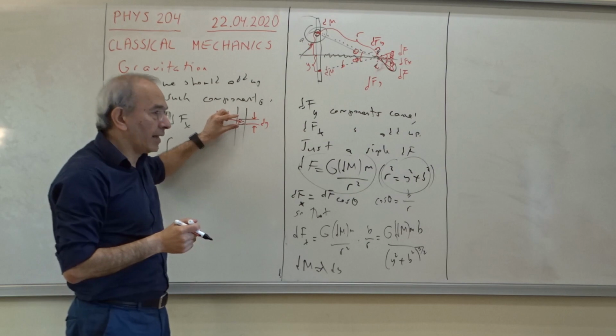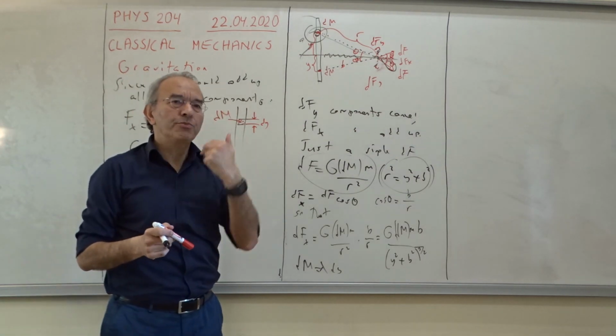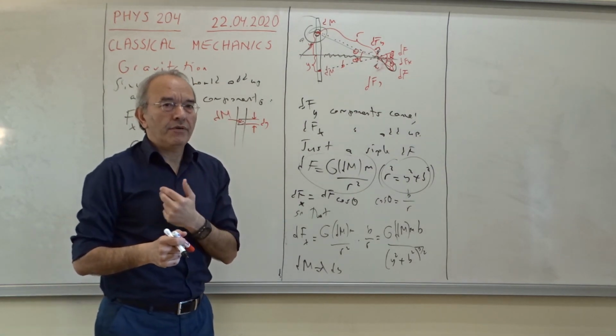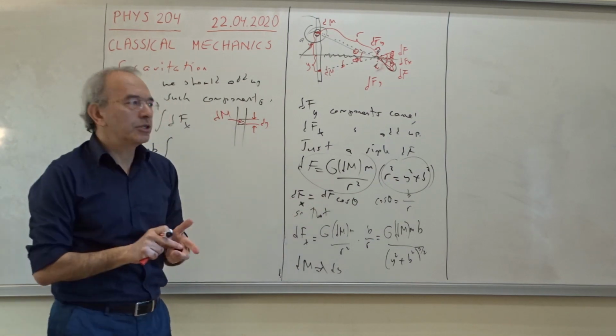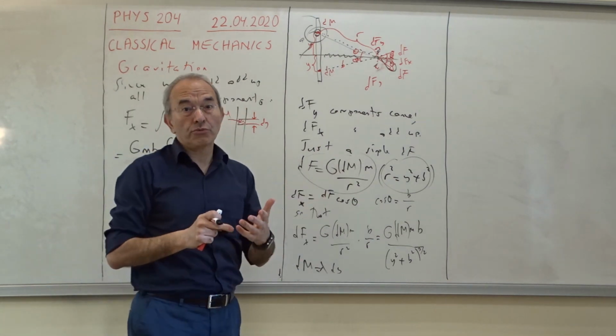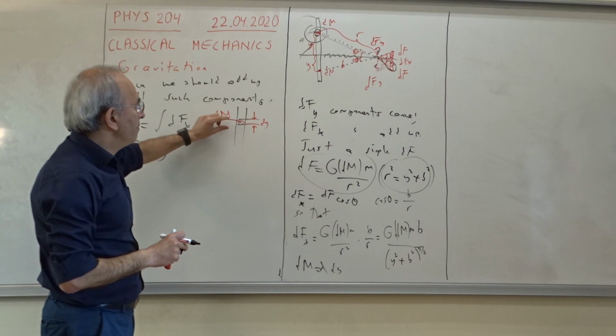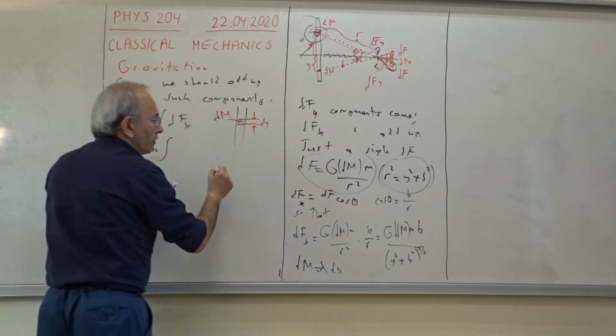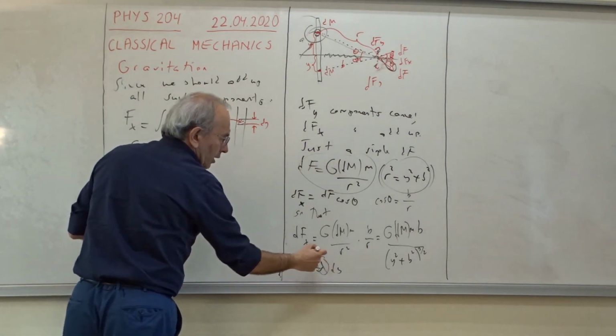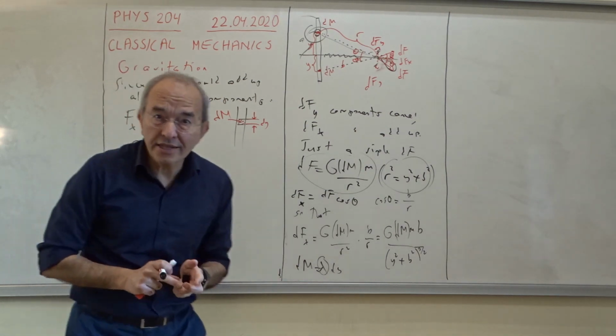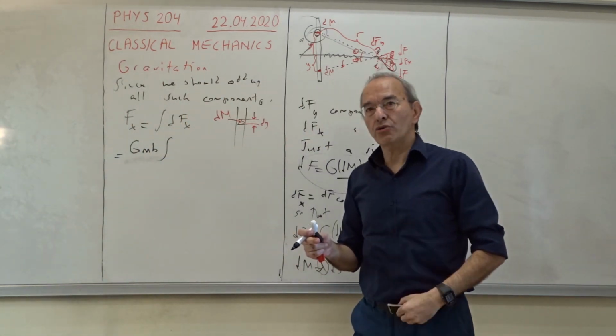If you multiply by the ratio of the mass per unit length, which is general information because it's assumed to be a uniform rod, then this dM is just the product, just like linear charge density. We have a rod, for instance, a charged rod.